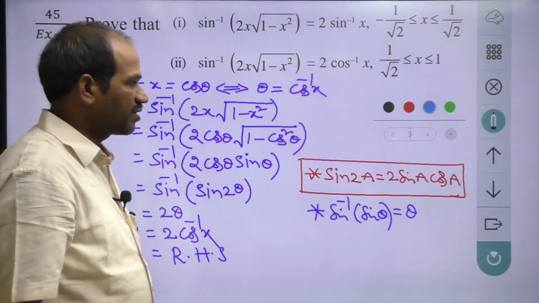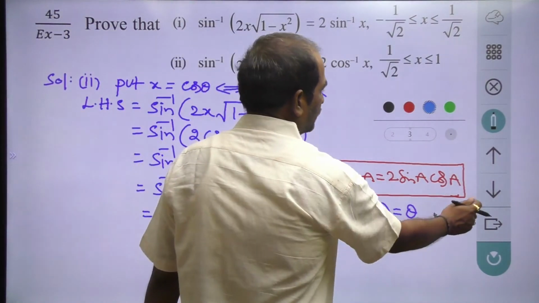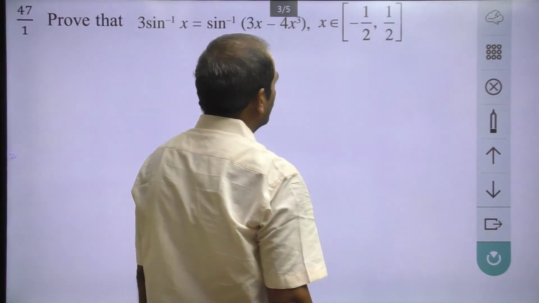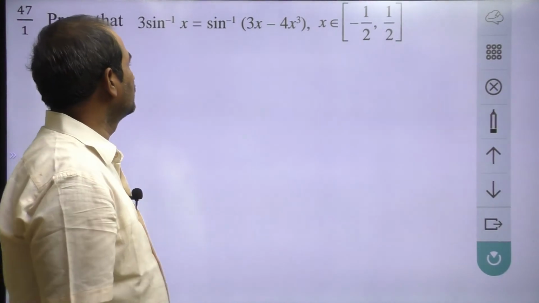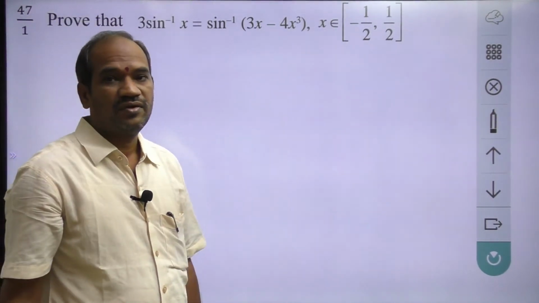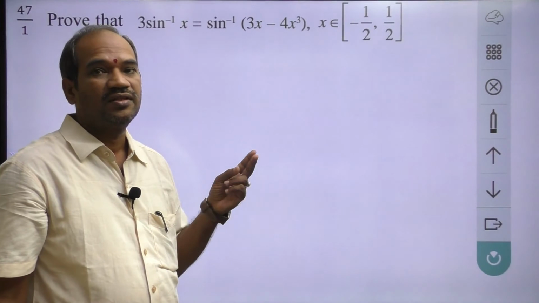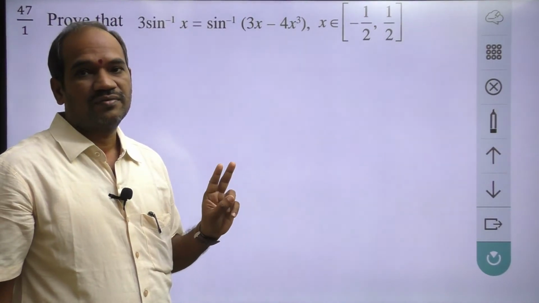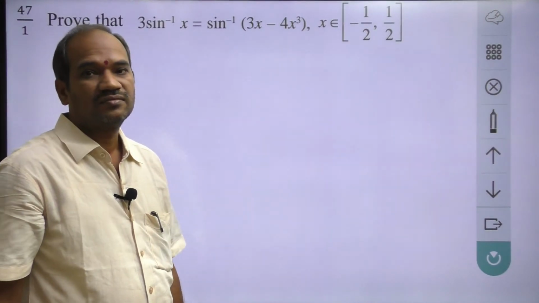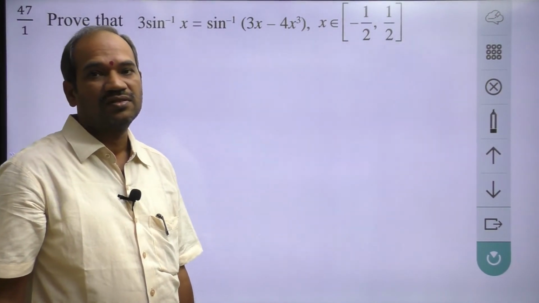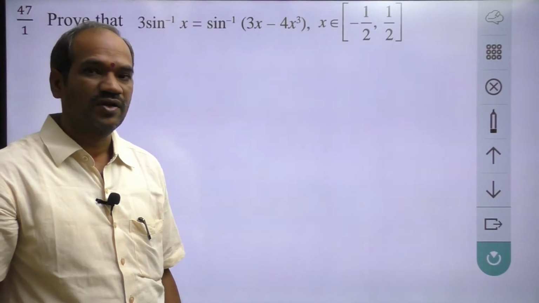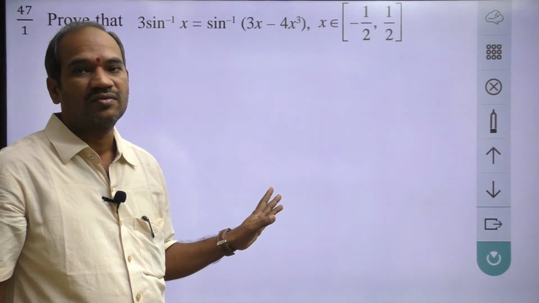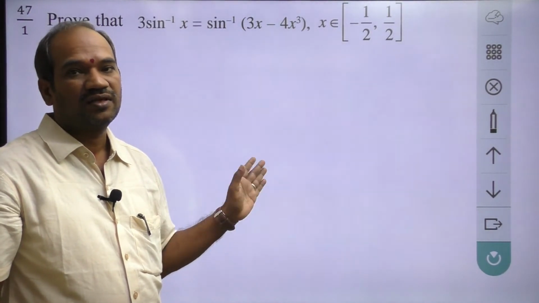See here in this next question, a 3 marks question, already given in the exam. All these questions are repeated, only from these two exercise problems in this chapter. 11 marks are coming: 2 marks 2 questions, 3 marks 2 questions, and 1 mark 1 question, domain and range. The model question asks 1 question from the next exercise.